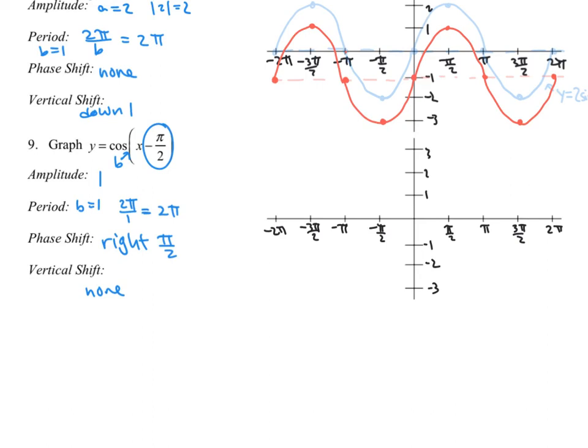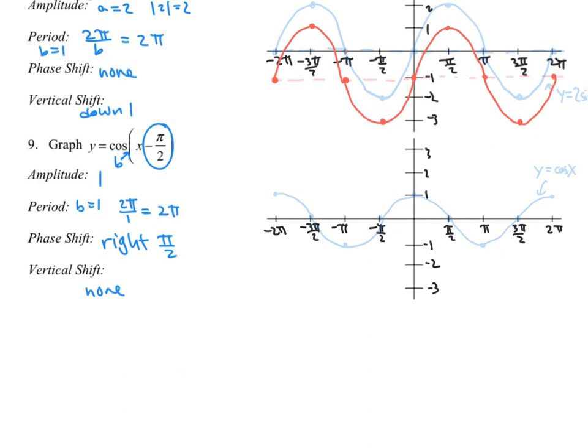And cosine x starts at the point 0, 1, goes down to the axis, down 1, up, up. And there's 1 cycle, and I'll do the same on the other side. So there's my regular y equals cosine x.